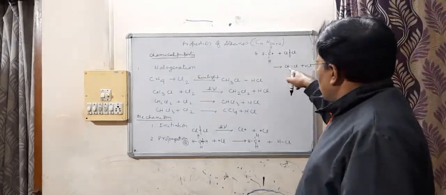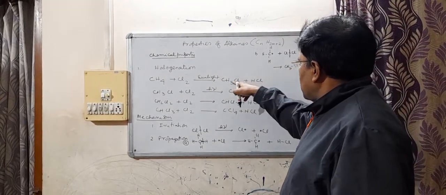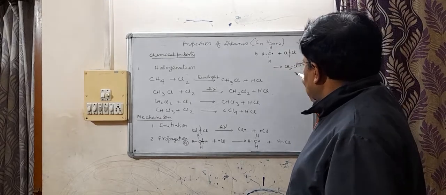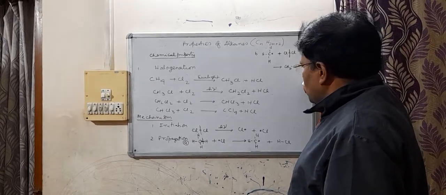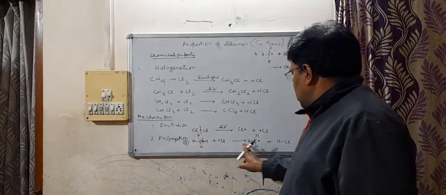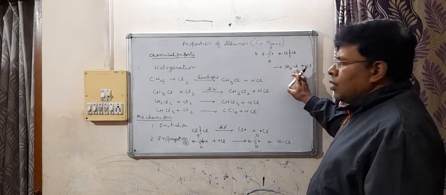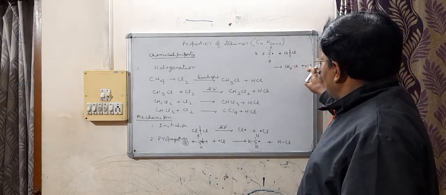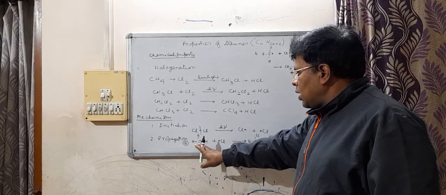So see, we got the product, and this process gets repeated. This Cl dot will again act on another molecule of methane and form CH3Cl, and again a free radical will be formed. This free radical will again act on another molecule of methane.